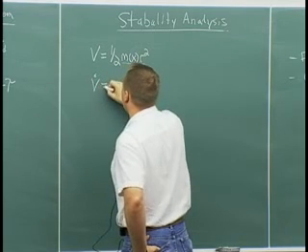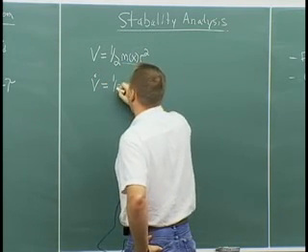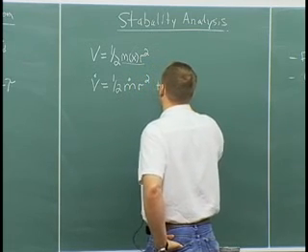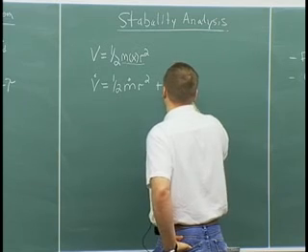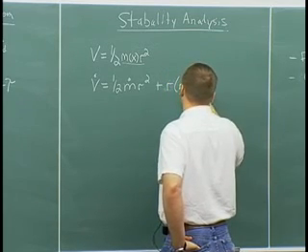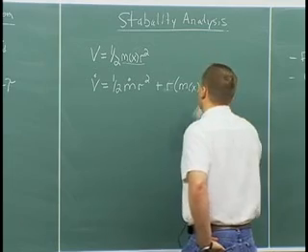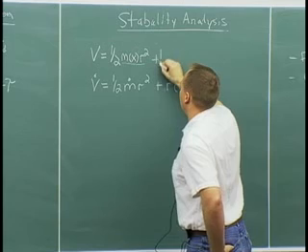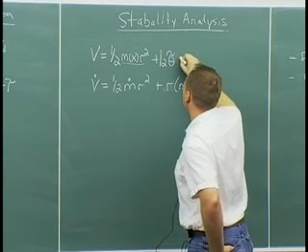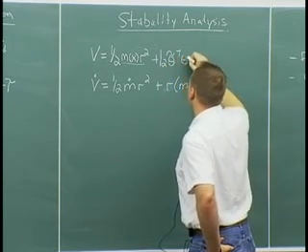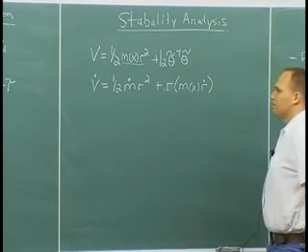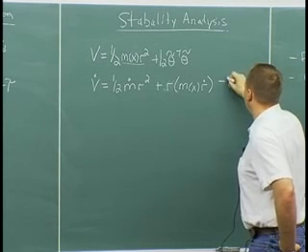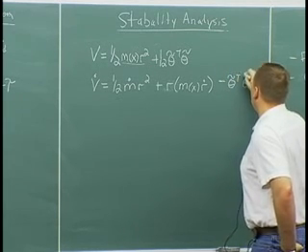Because when I take V dot, I'm going to get 1/2 m dot r squared plus r times m of x times r dot. And we know we're going to have an adaptive estimate mismatch, so we might as well put that in there, and we know this is going to equal negative theta tilde transpose times theta hat dot.